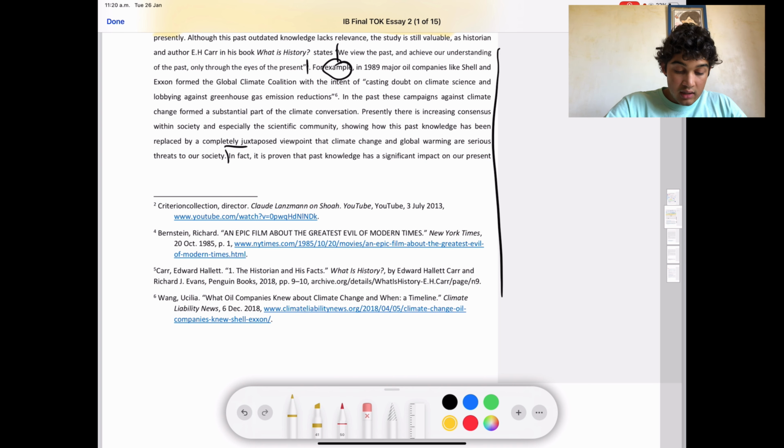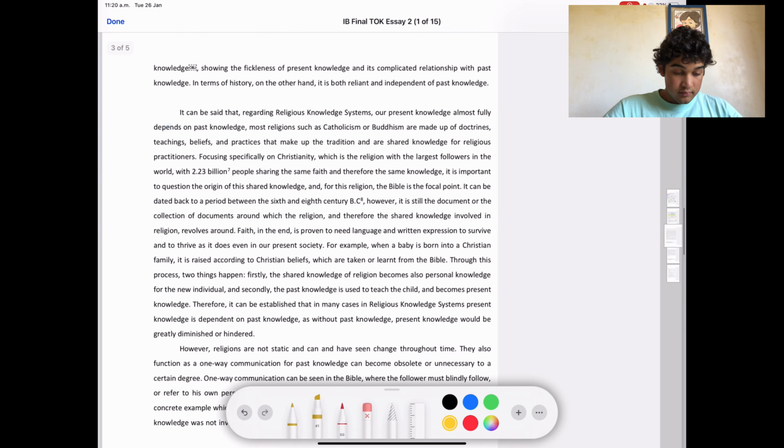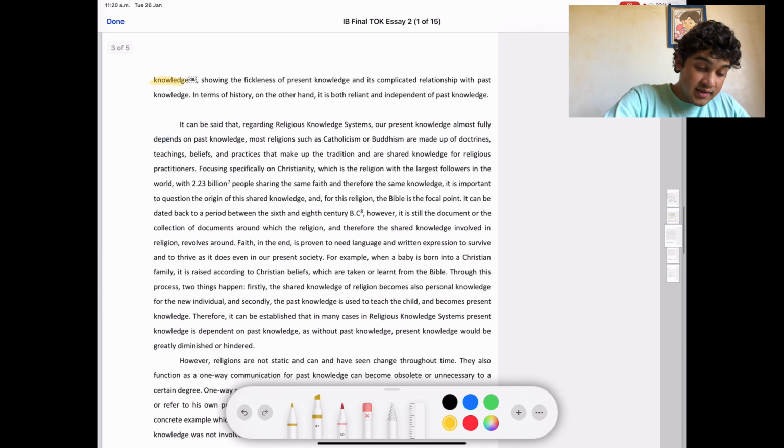And I'm saying words like past knowledge, present knowledge, past knowledge. I'm reiterating the history here, and it's both reliant and independent.